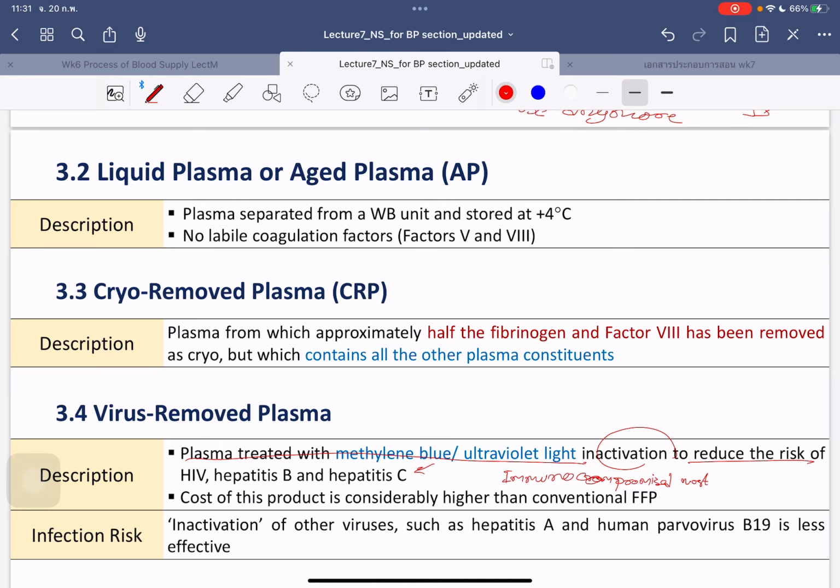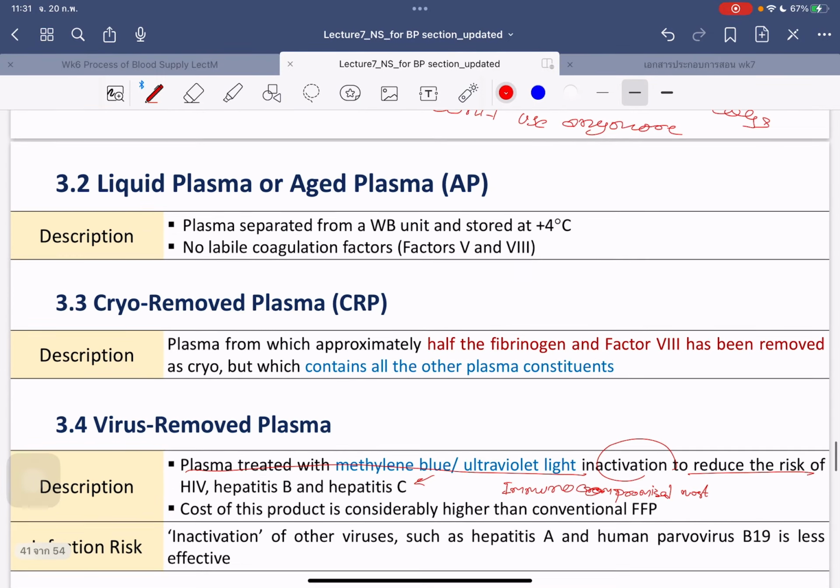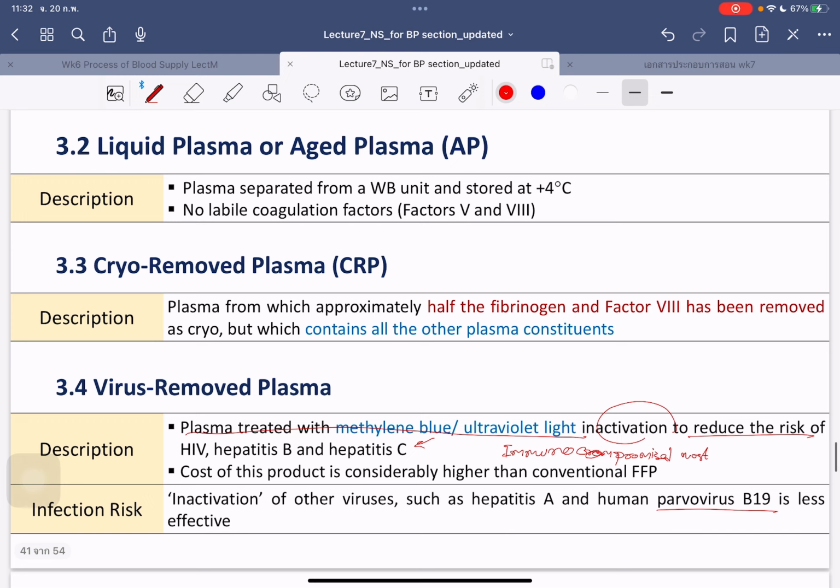But for this method, methylene blue and ultraviolet cannot inactivate hepatitis A or parvovirus. These are two facts that I would like you to remember about virus removed plasma. If I ask you to categorize these two sets of viruses, HIV, HBV, and HCV are what type of virus? Enveloped viruses. And hepatitis A and parvovirus are non-enveloped viruses.